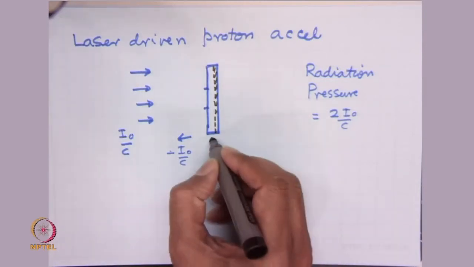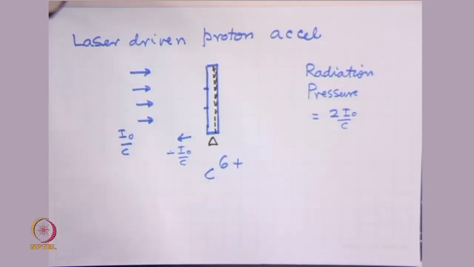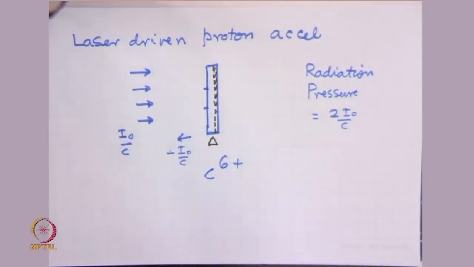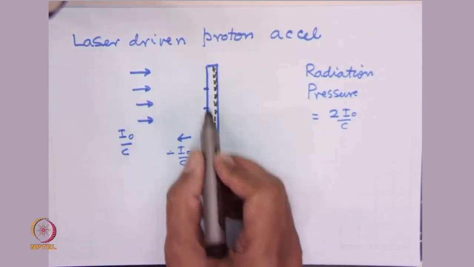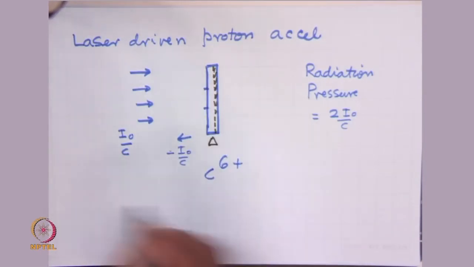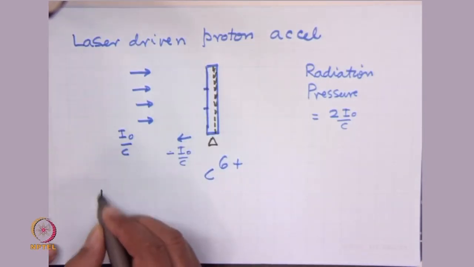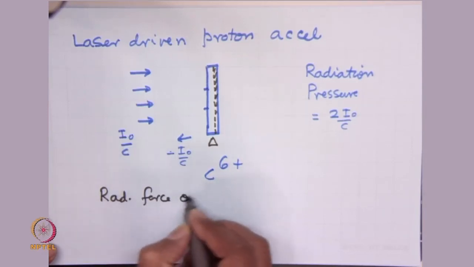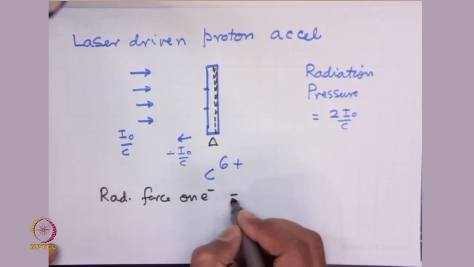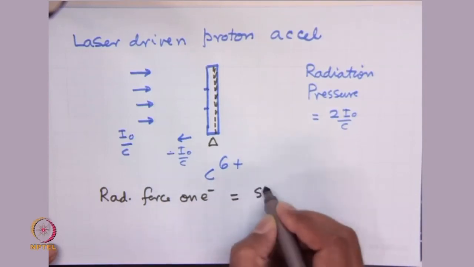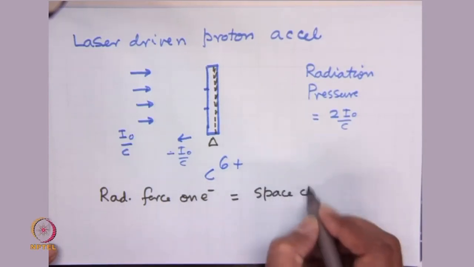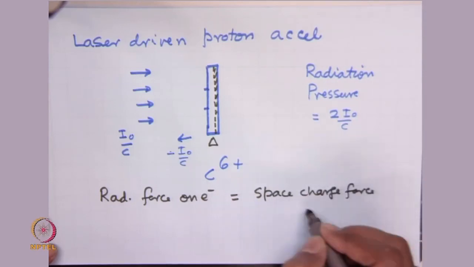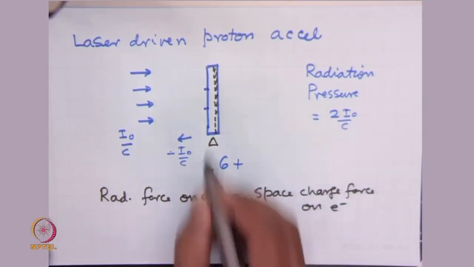So you choose a thickness of the foil such that the radiation pressure force on electrons exactly balances the space charge force due to ions. So what I am looking for is that the radiation pressure force on electrons is equal to the space charge force on electrons due to the ions left behind.